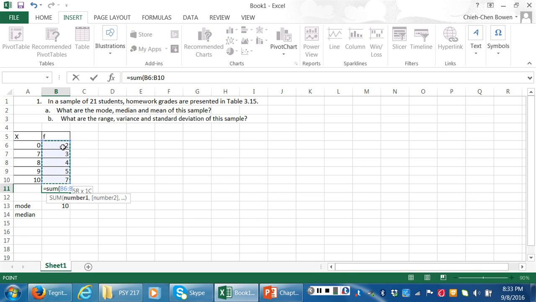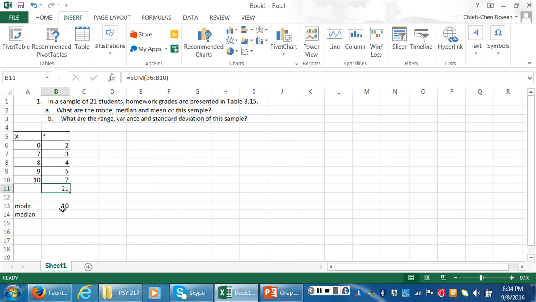Highlight the first frequency all the way to the last one. There we go, it is 21. 21 is an odd number, and the middle point is found by 21 divided by 2, which is 10.5. You need to round up to the next integer, so that's 11.